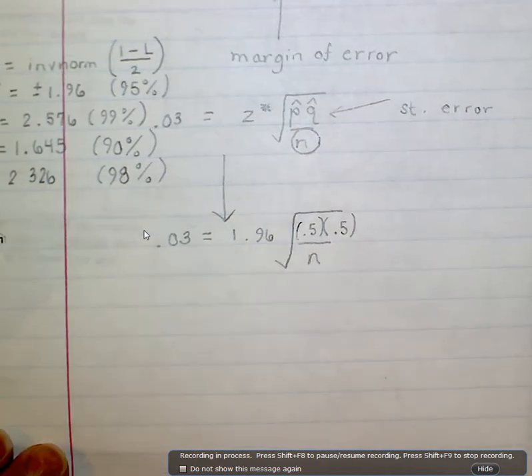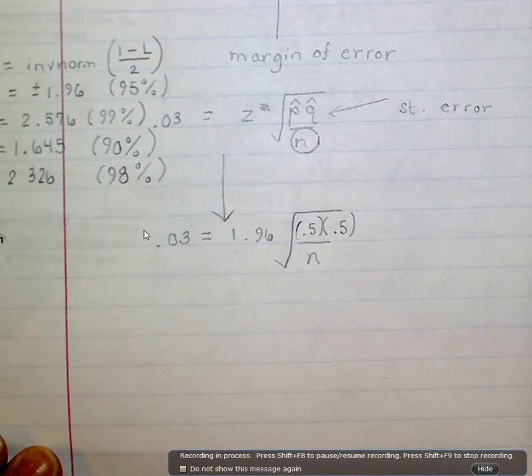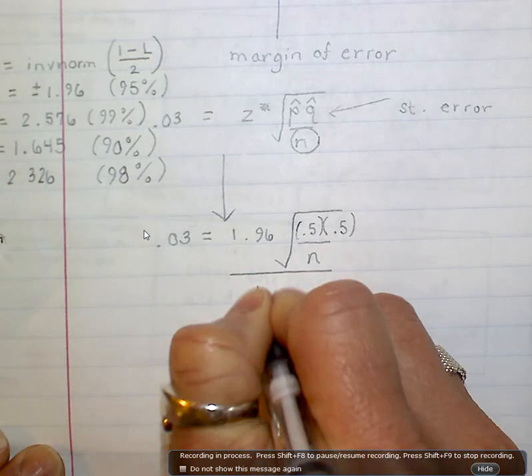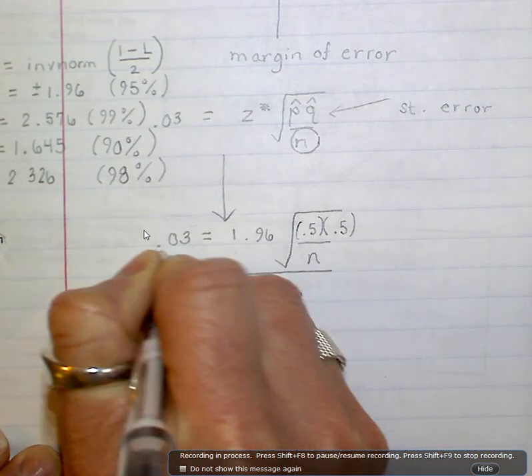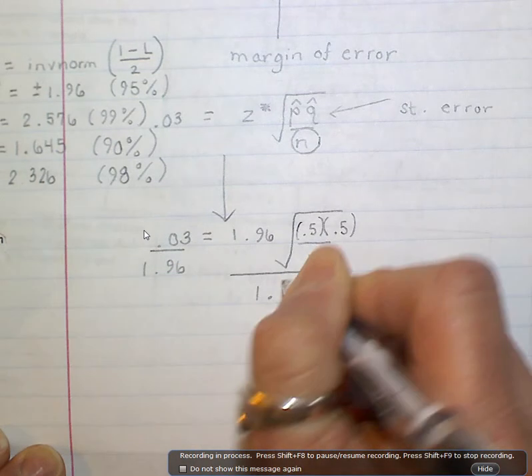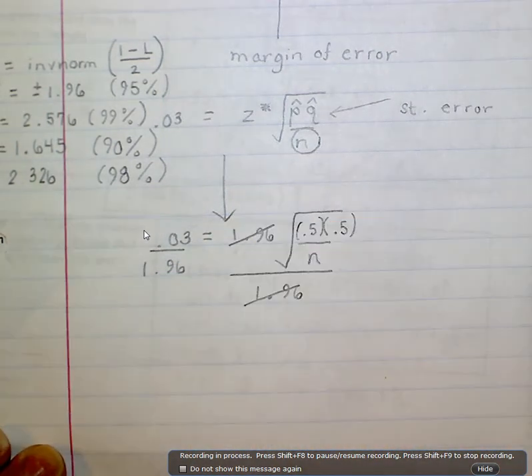Now, let's see how strong our algebra skills are. How do I solve for n? Divide by 1.96 first. You've got to get the radical alone. And remember, we never round along the way here in solving for sample size. So when we divide by 1.96, that cancels.